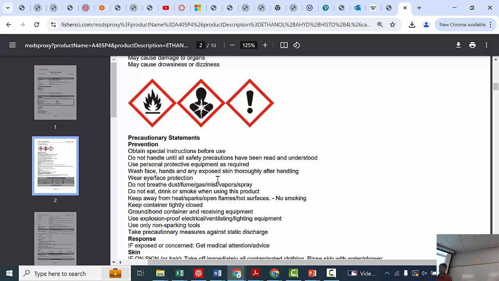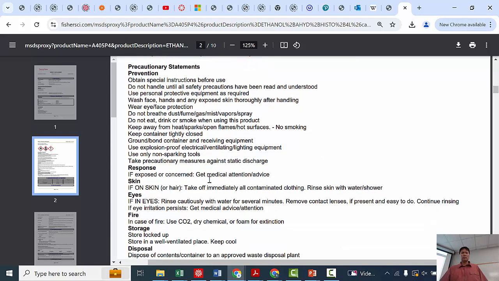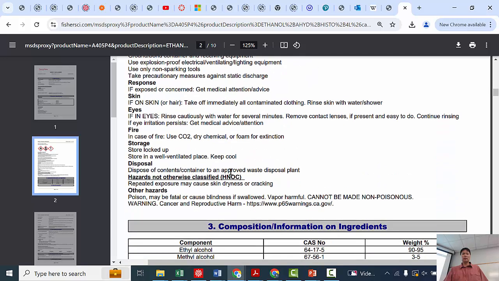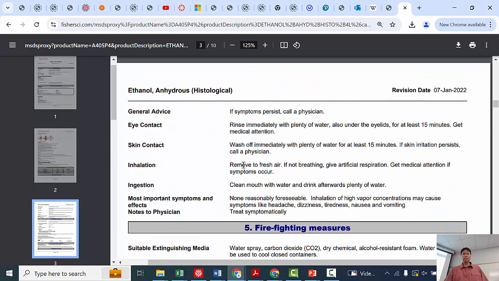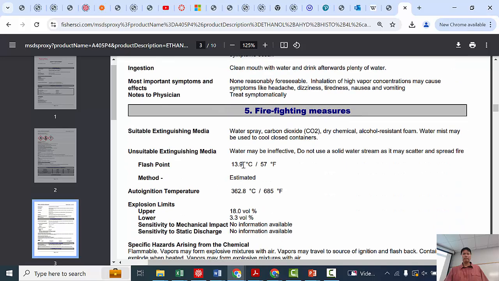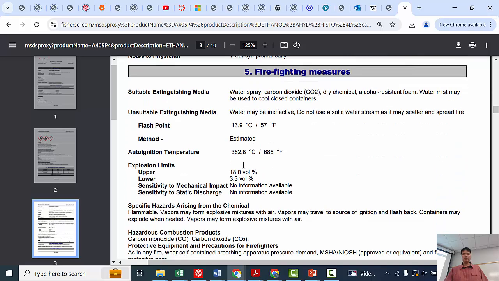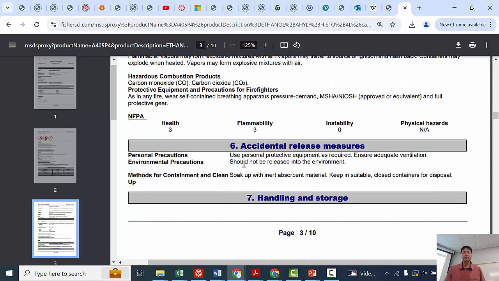You don't want to touch it, etc. All right. Okay, here. NFPA health hazards are 3 out of 4. Okay.